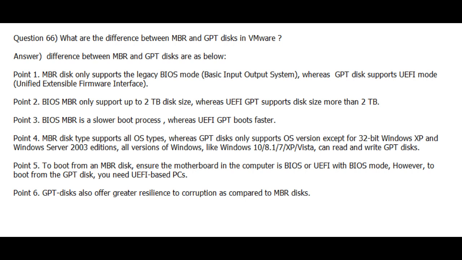Point 2. BIOS MBR only supports up to 2 terabytes disk size, whereas UEFI GPT supports disk size more than 2 terabytes. Point 3. BIOS MBR is a slower boot process, whereas UEFI GPT boots faster.